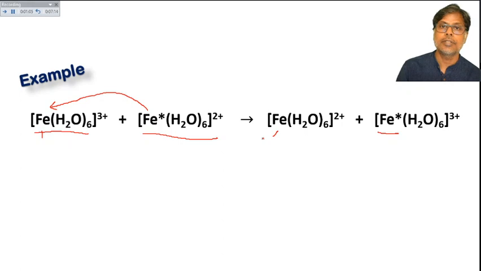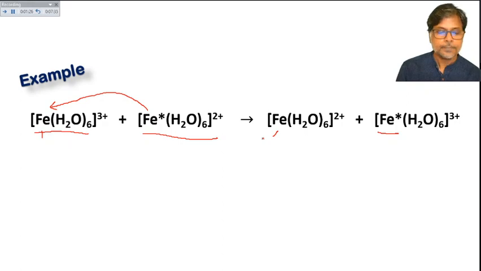Basically, in this reaction, both the products and the reactants are the same, and the only difference is that one iron ion is isotopically labeled, but that's not going to change the reaction at all.